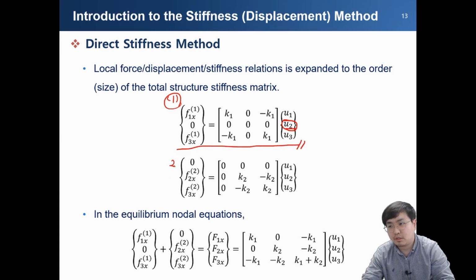And then the second element can also be described by an expanded local stiffness matrix that looks like this.